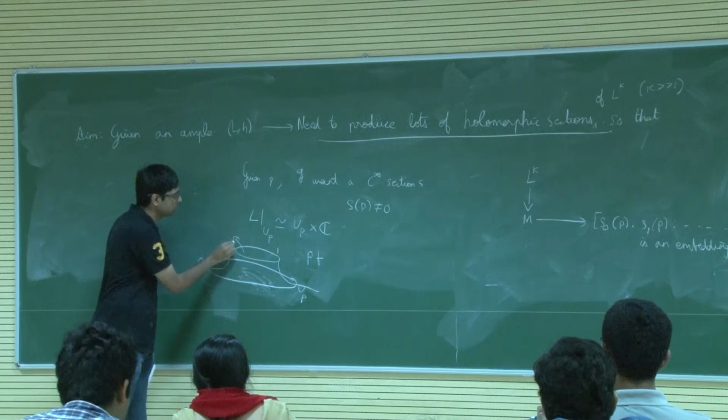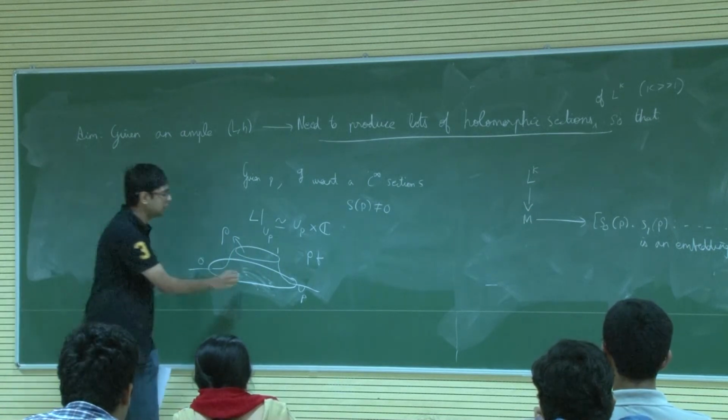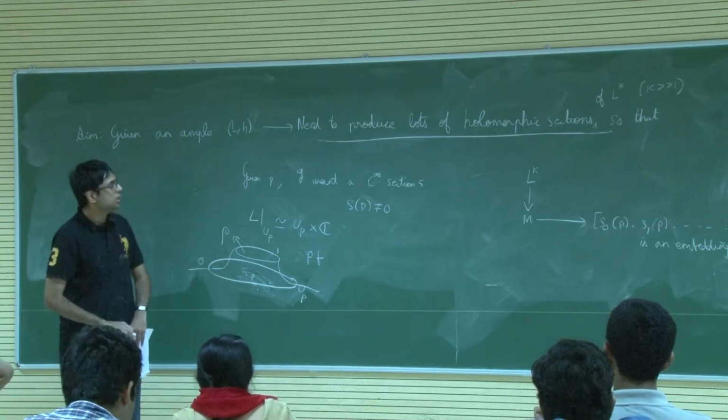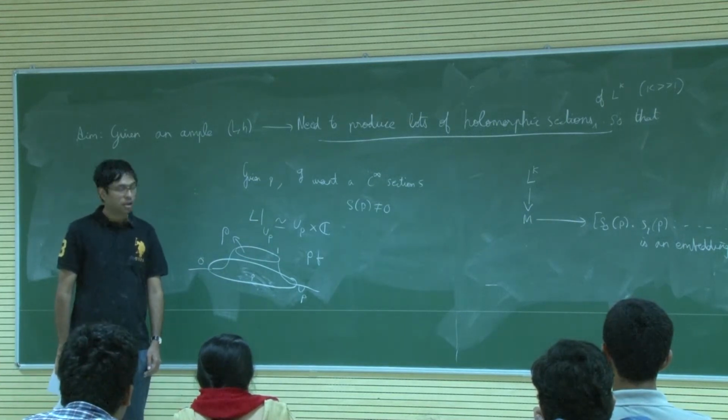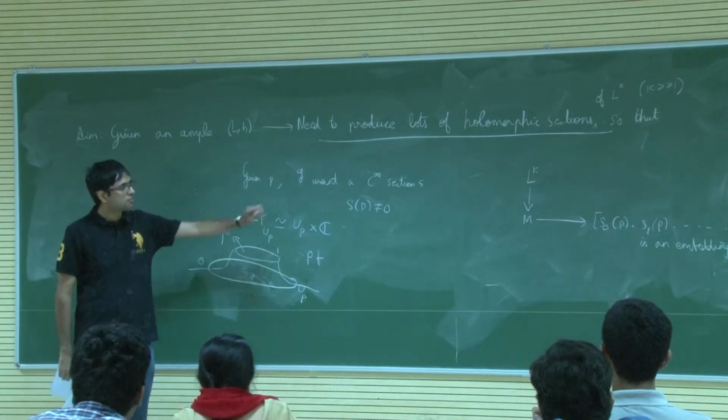This is rho, this is P. So you can easily do this job for smooth sections. It's trivial.